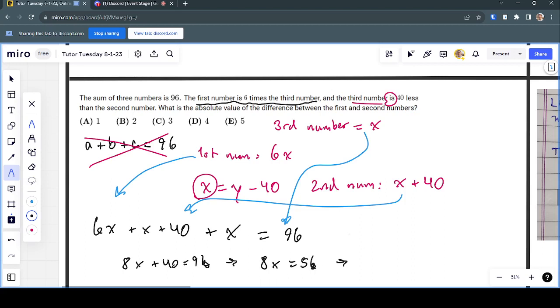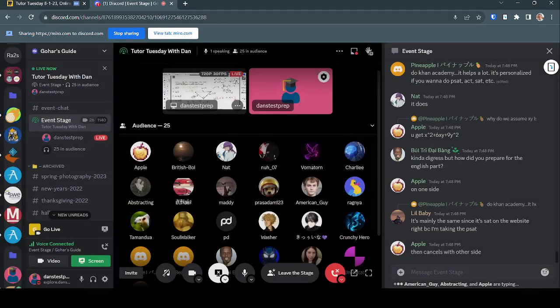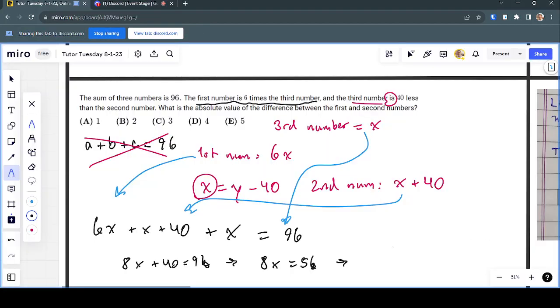And somewhere I might have made a math mistake. The number is 40 less than the second number. Oh, no. That just means x equals 7.